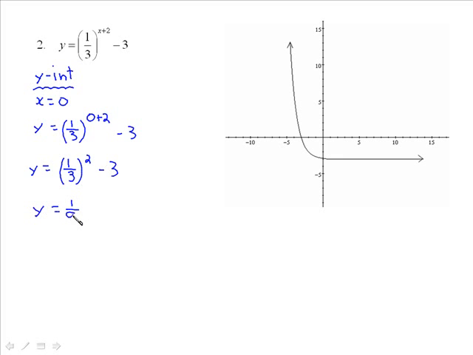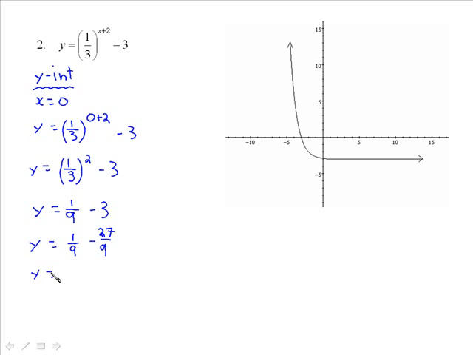Y is equal to 1/9 minus 3. Now you could do this one very quickly. You could get a common denominator, or you could just reason your way through. I'm going to get a common denominator just for old time's sake of 9. That is 3 is 27 over 9.